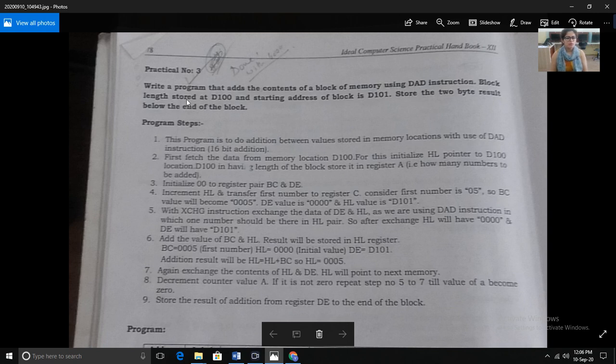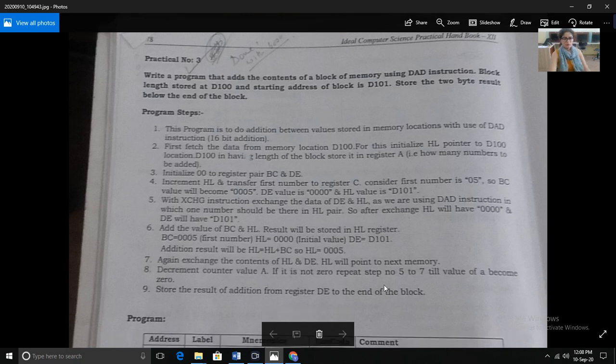The block length is stored at D100, whereas the starting address of the block is D101. Store the 2-byte result below the end of the block.